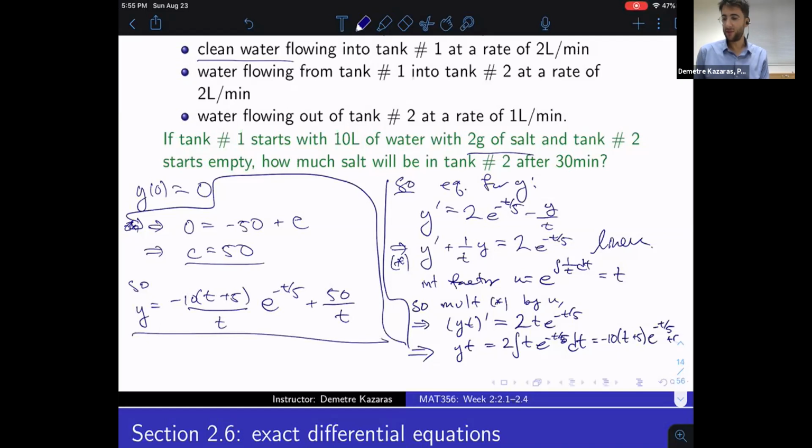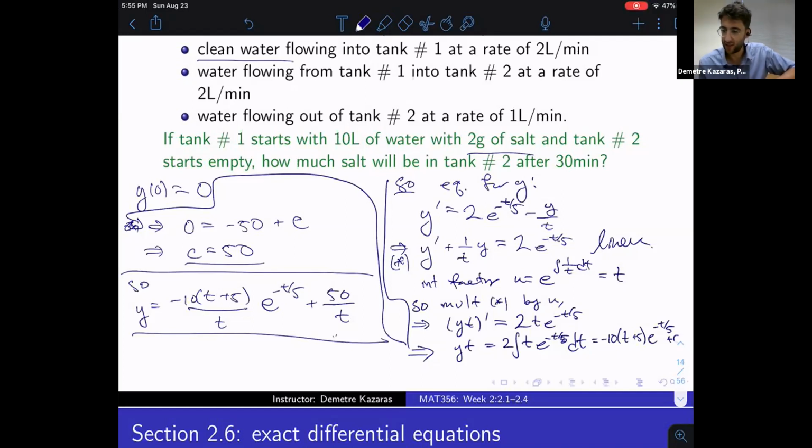So that's how many grams of salt are in tank 2 at time t. Notice, this looks a little bit fishy because you're dividing by t, and it's not clear that if t is 0, you get 0 out of this function. This is kind of a technical issue.